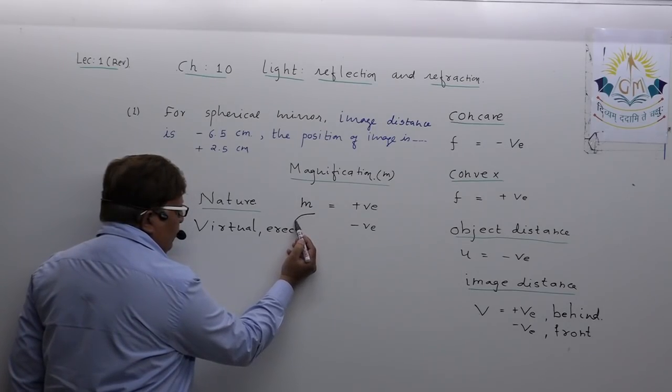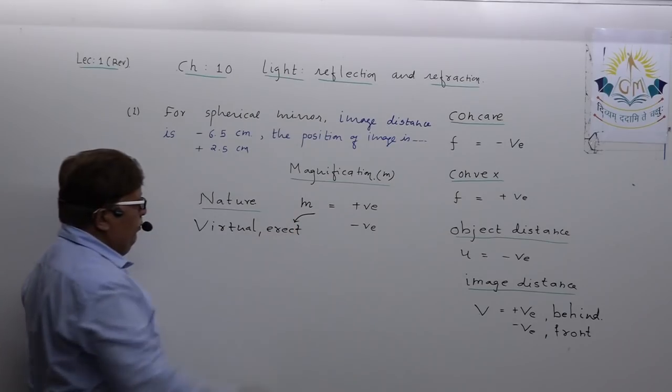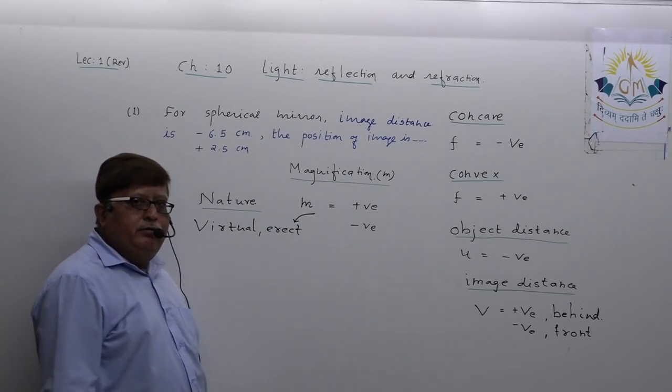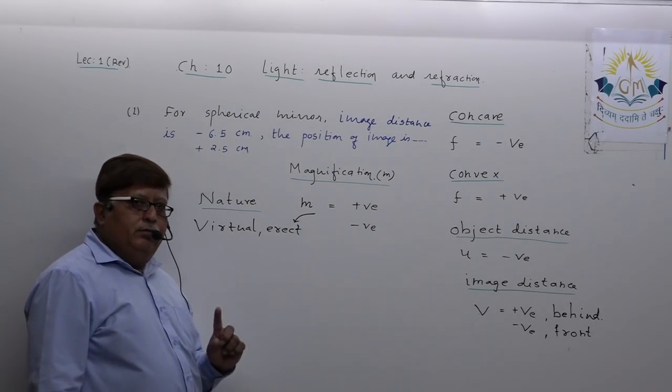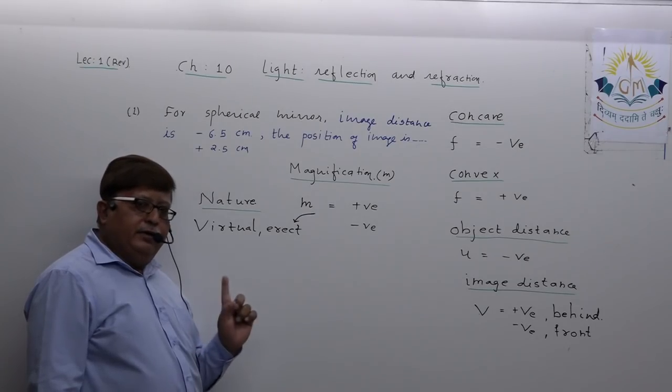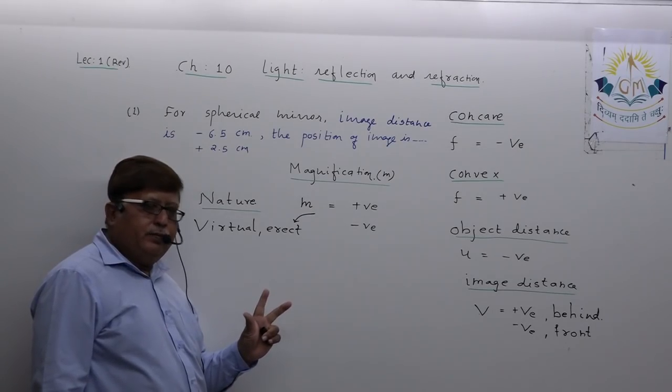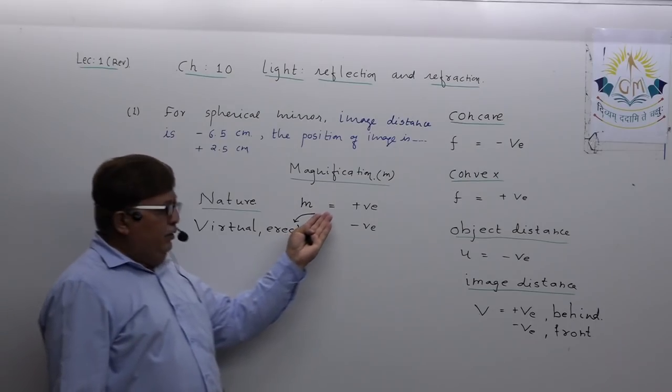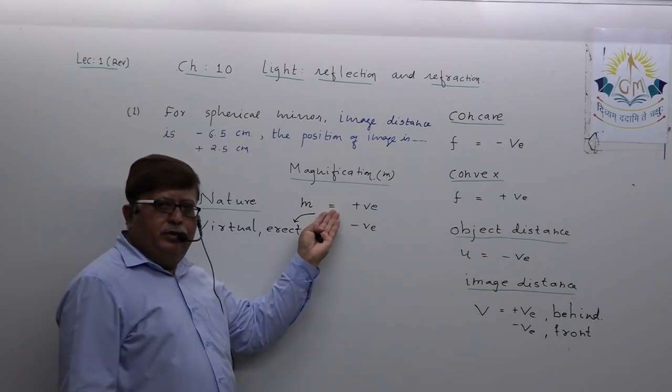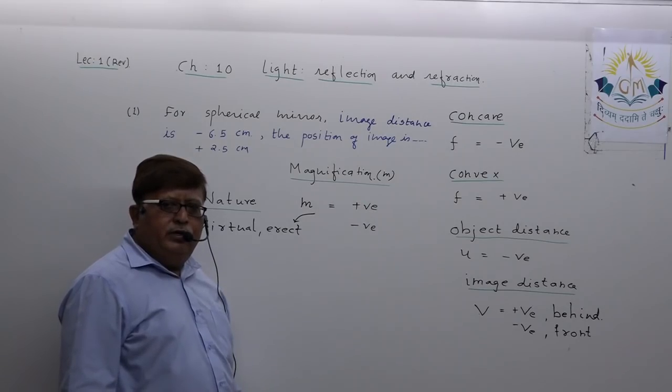Magnification positive, that means image is virtual and erect. This is fixed. An MCQ can be designed here if I give any value of magnification.